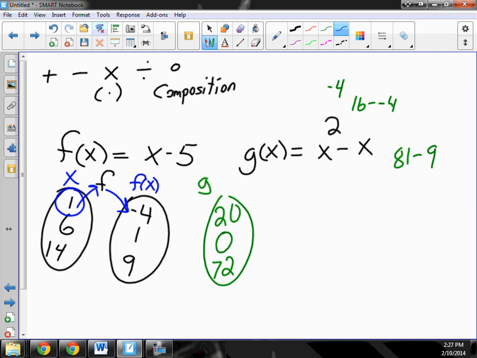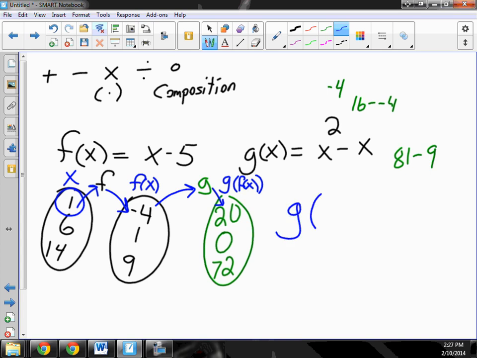In fact, this is f of 1. So my x columns turn into my f of x columns. Then I take my f of x's, and I plug them inside of g, and that creates g of, well, they're not x's, right? It's g of f of x. And that is the composition.